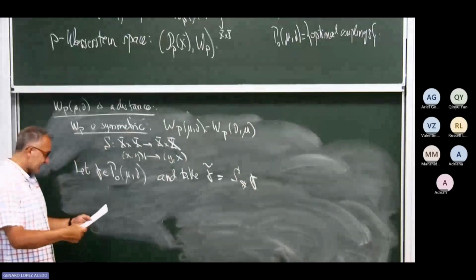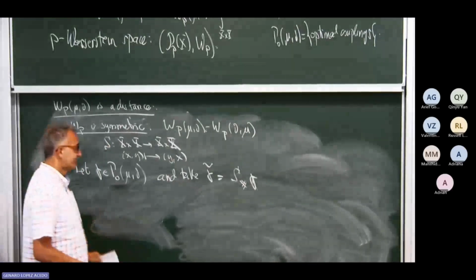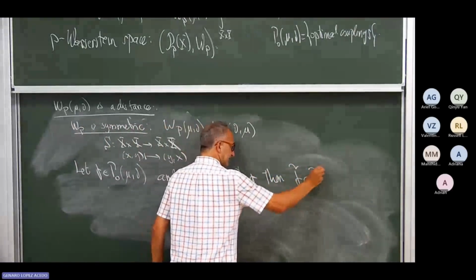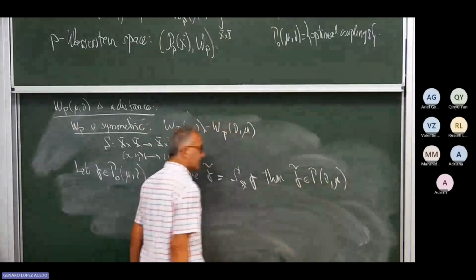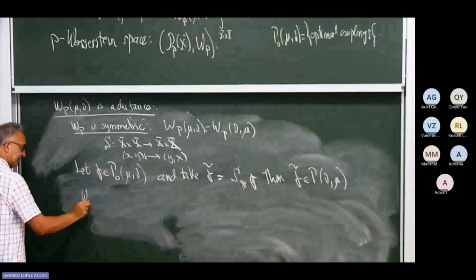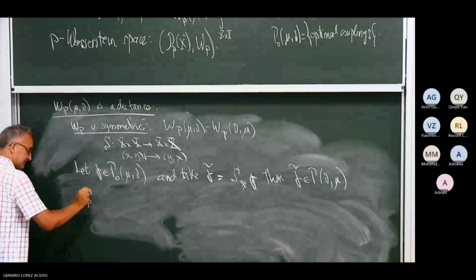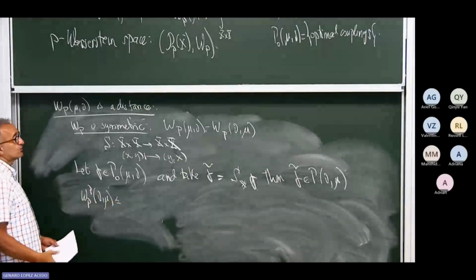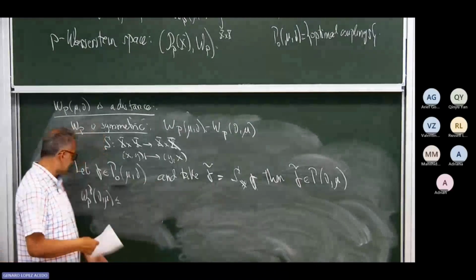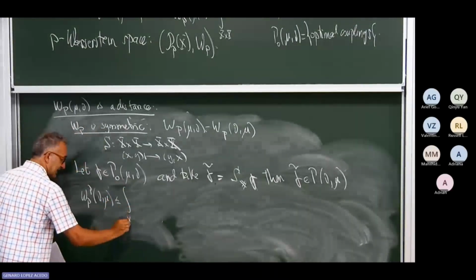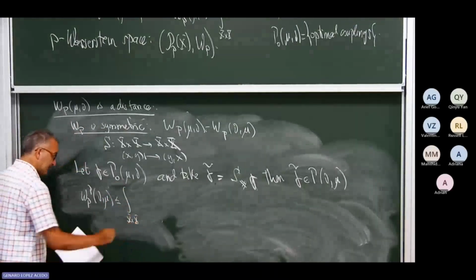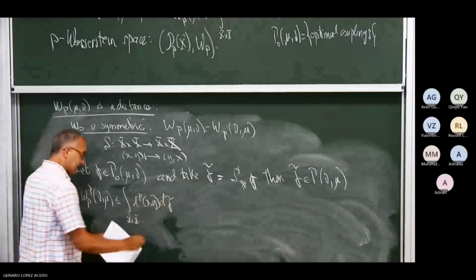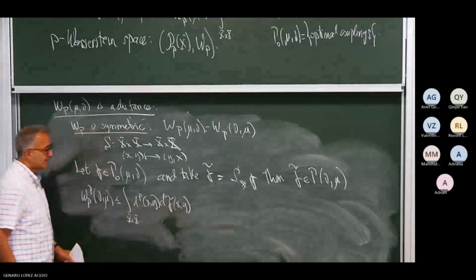Then it's easy to see that this is actually a coupling from mu to mu. So we have the distance W_p of mu to mu smaller than or equal to the integral, taking this coupling, of the distance d(x,y) to the p d gamma tilde of (x,y).